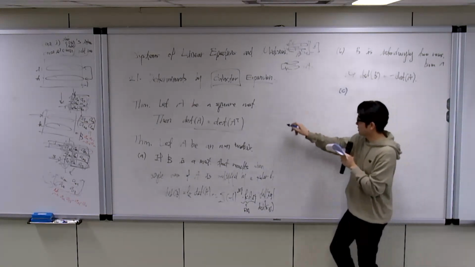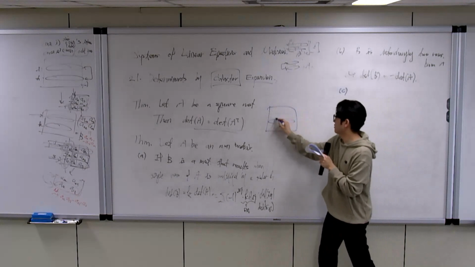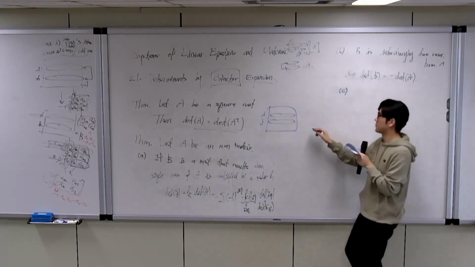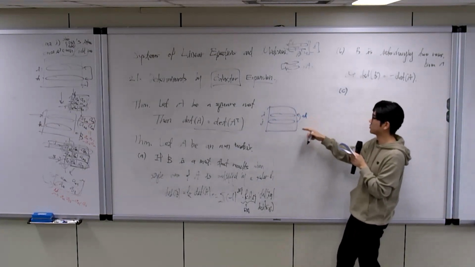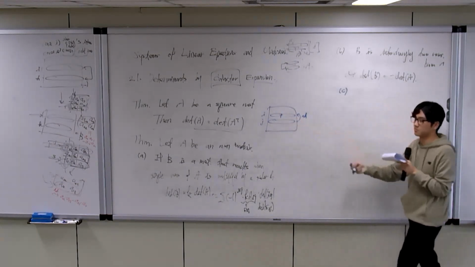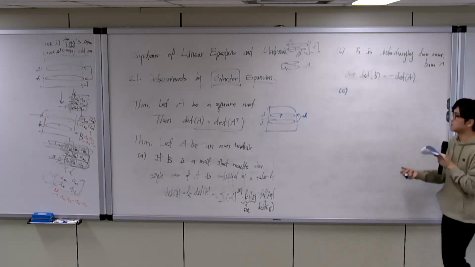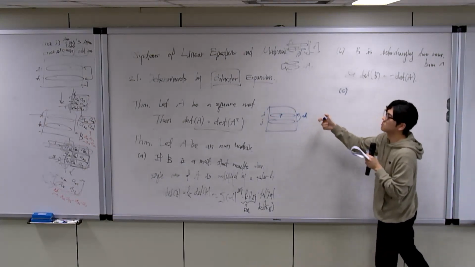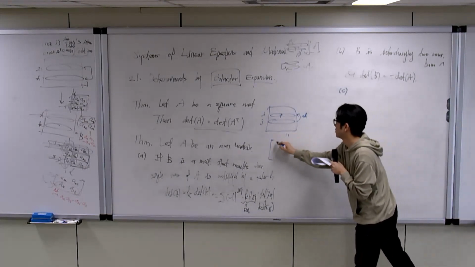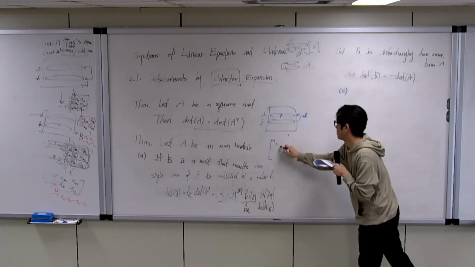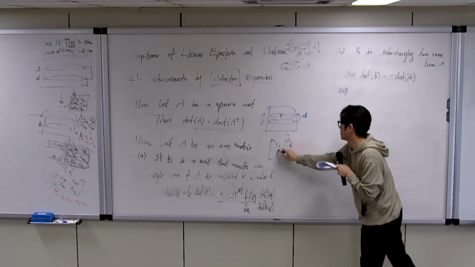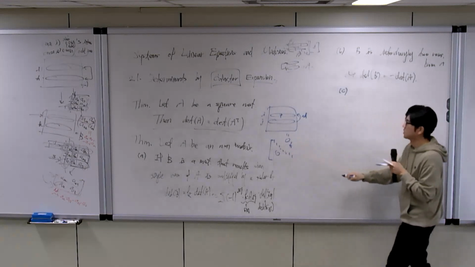And the third one is: there is an I row and J column, and by multiplying scalar k to the J's row and adding it to the I row, it is also a kind of elementary row operation, and it is the same as multiplying by an elementary matrix with k.